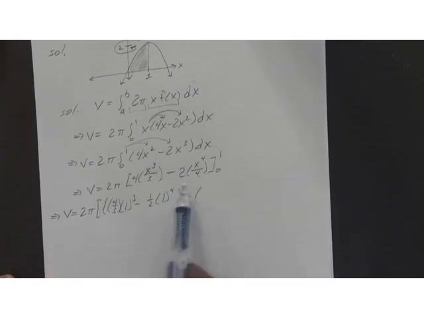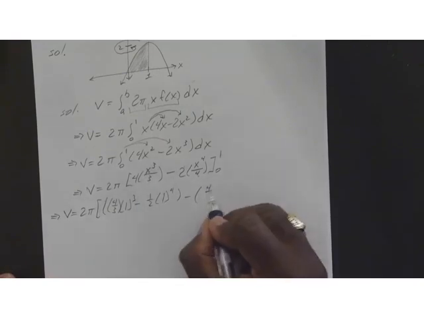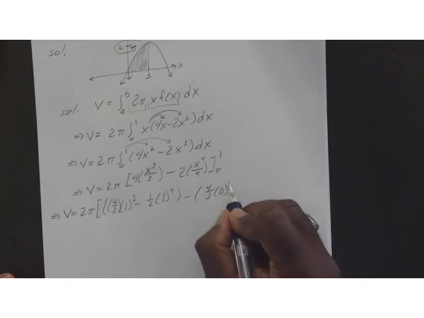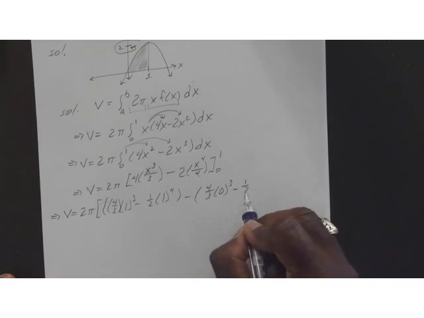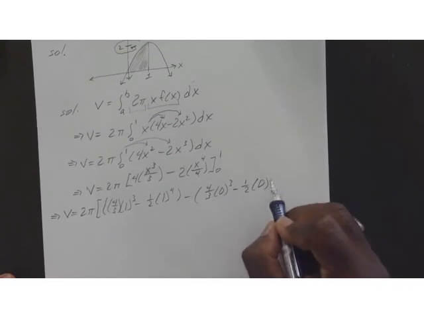Minus, and we know this is going to be 0, but I'll write it out anyway. 4 over 3 times 0 to the third power minus 2 over 4, which you could just make 1/2 of 0 to the fourth power.